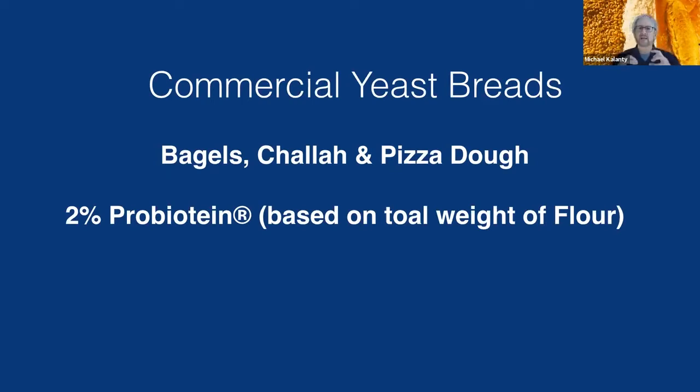So I looked at things like bagels and challah with all the braidings, because the more crust you have, the more Maillard reaction, the more potential for umami to develop in those crust flavors. Again, I arrived at about a 2, just a little bit more % of ProBiotein in these products. So now I make prebiotic bagels and kids love them.